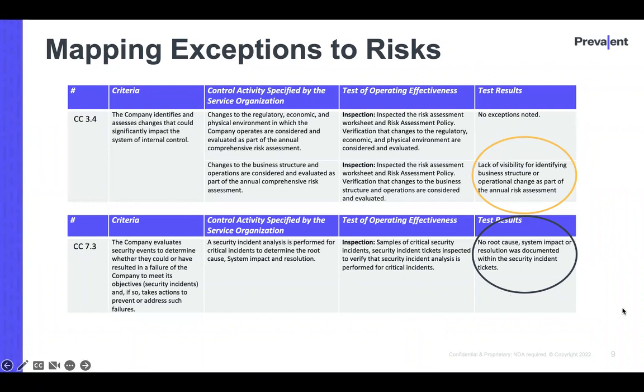There will be some instances where you'll have less information. Obviously, the more information that's detailed in terms of the type of inspection and verification processes, the more detail in terms of the test result, the easier it's going to make the process to bring these exceptions across to our wider risk program, and then when we start to engage with the third party.